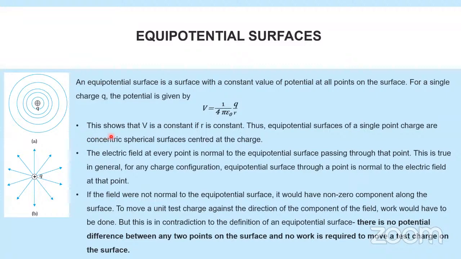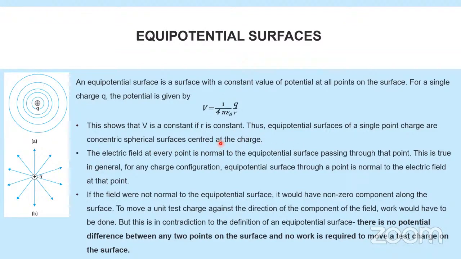If R is constant at this point, at this point, at this point, then V will be constant. So we can say that the equipotential surfaces of a single point charge are concentric spherical surfaces centered at the charge.